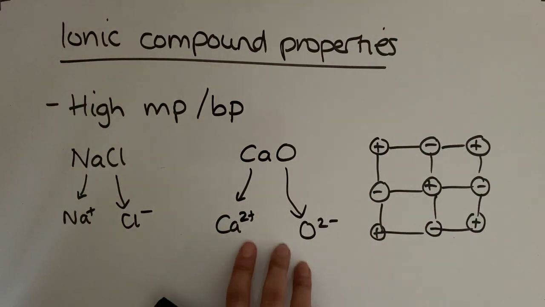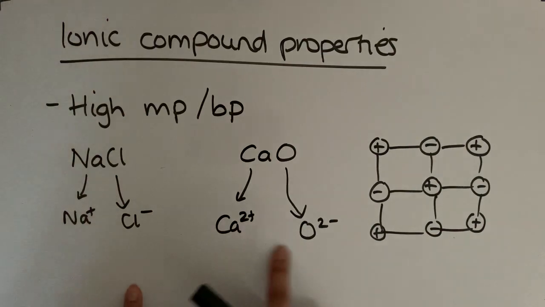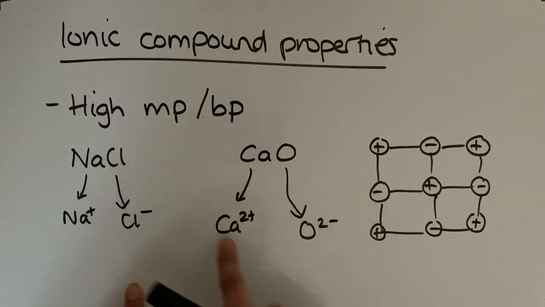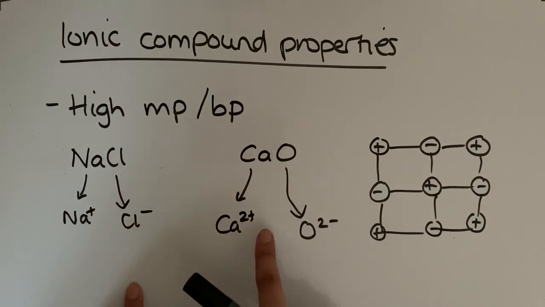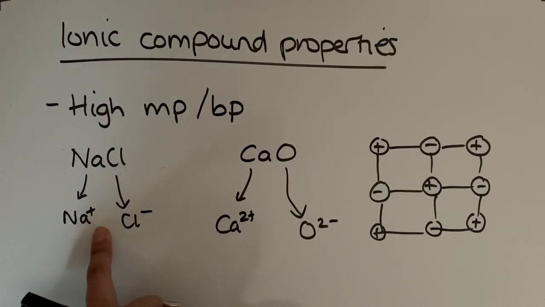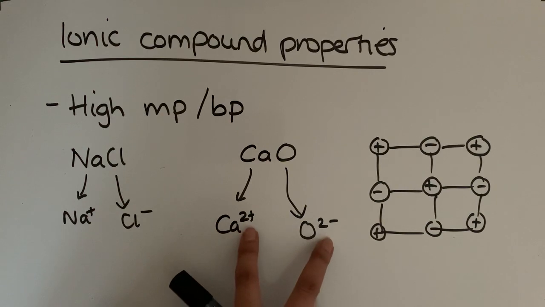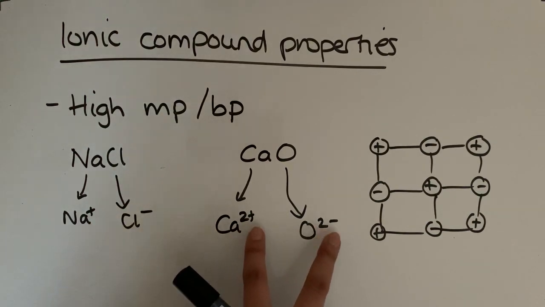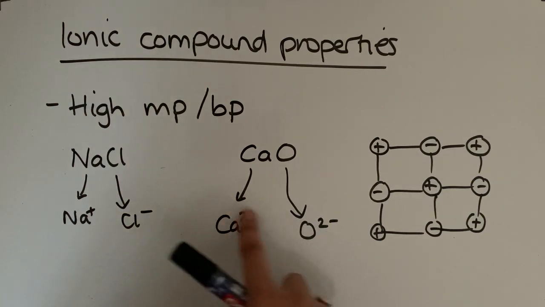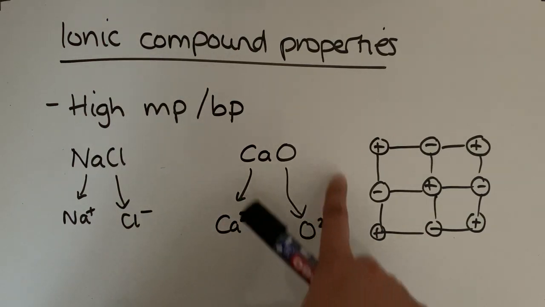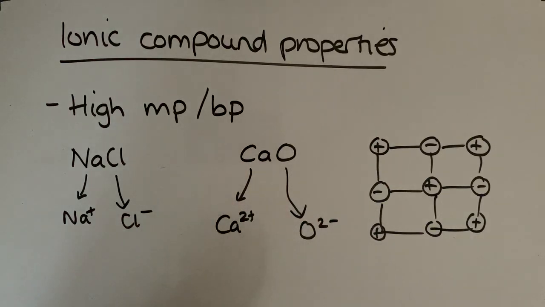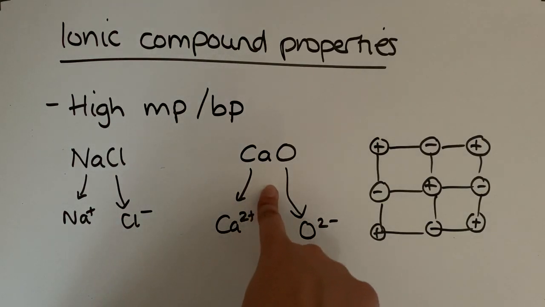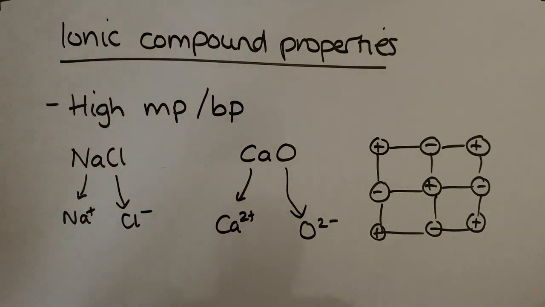Because this ionic compound is made up of ions with higher charges, the melting point and the boiling point for calcium oxide is going to be higher than sodium chloride. That's due to the higher charges on the ions. This one only has +1 and -1, whereas this has +2 and -2. Because of the higher charges, the ionic bonds are stronger, and therefore the melting point and the boiling point of calcium oxide is greater than sodium chloride.